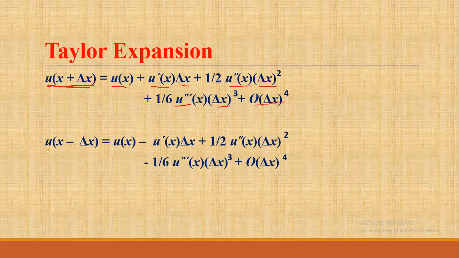Similarly, for u of x minus delta x: u(x) minus u'(x) delta x plus 1 by 2 u''(x) delta x squared minus 1 by 6 u'''(x) delta x cubed plus order of delta x to the 4, that means the remaining term.